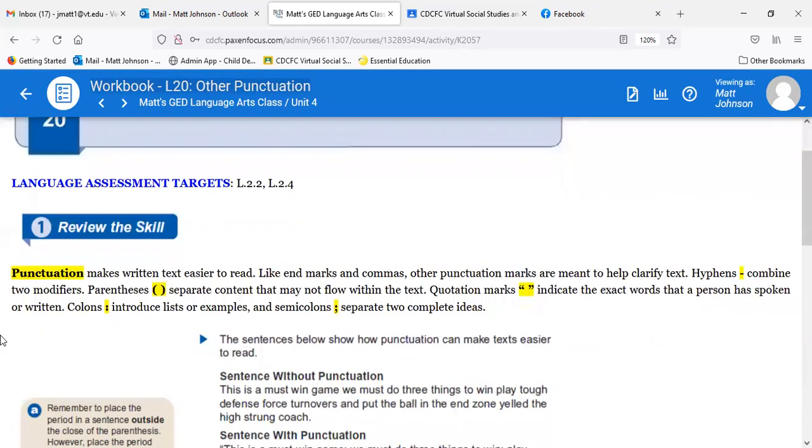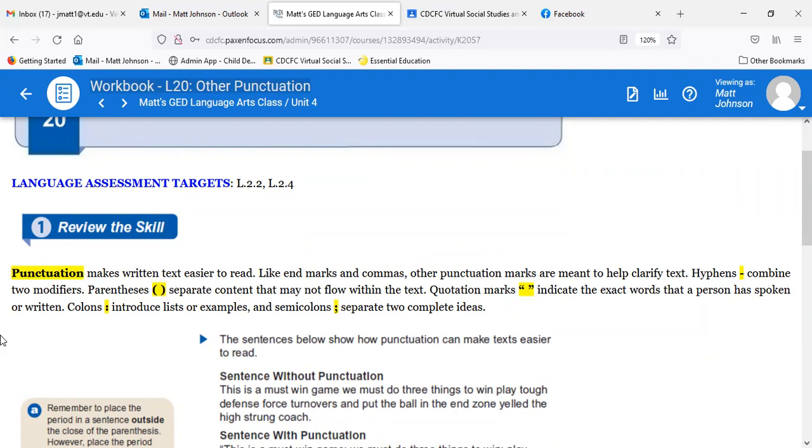And then grading. So written text is easier to read with punctuation, right? Separating those ideas out makes it easier for the reader to follow. End marks and commas, other punctuation marks are meant to help clarify text. Hyphens, remember, always combine two modifiers. Parentheses separate content that may not flow within the text, right?